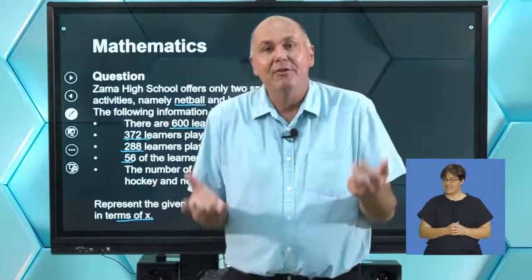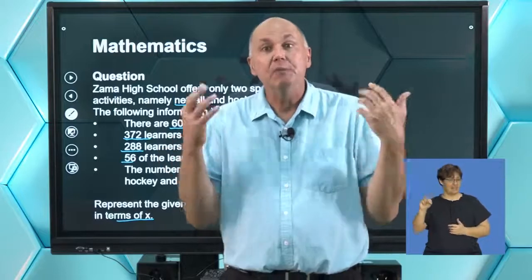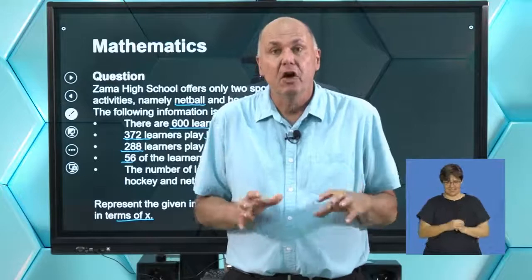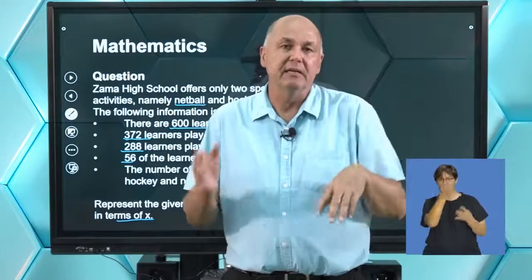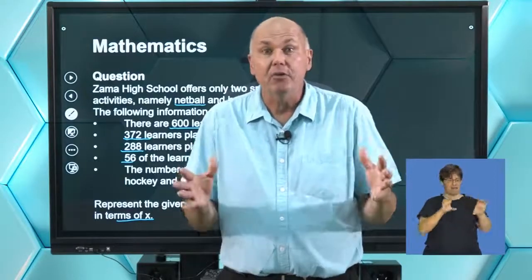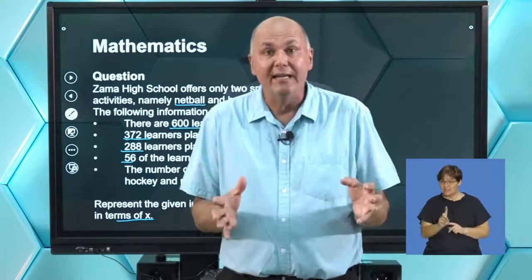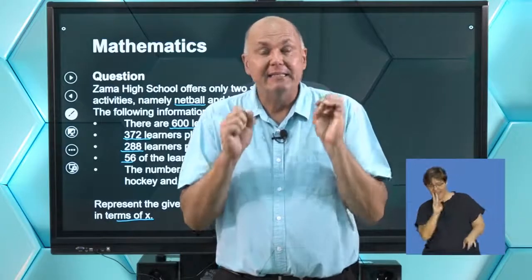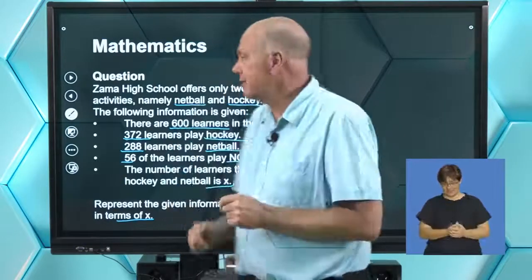And I love the Venn diagrams because it helps us to see what's going on. It's a visual representation of data that is presented in lists of numbers. Here we've got the opportunity to draw a Venn diagram that can help us very clearly analyze and see what's going on. So let's get straight to it.